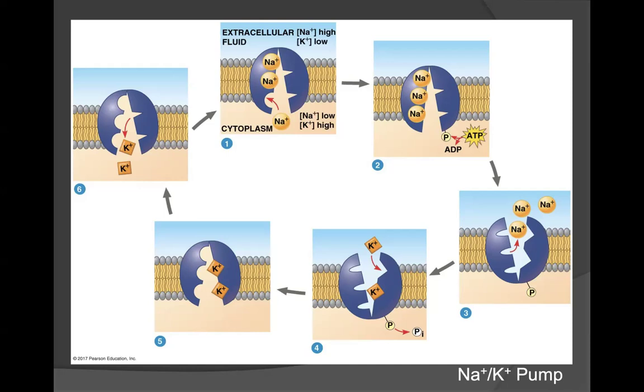The protein is then going to change conformation as that phosphate group leaves the protein. You can see in figure number 4, there is a P in the bottom of the protein. That stands for a phosphate group. So as that phosphate group leaves, the conformation of the protein is going to change back to its original state. As a result, it's going to open up to the interior of the cell, and those potassium ions are going to be brought in.